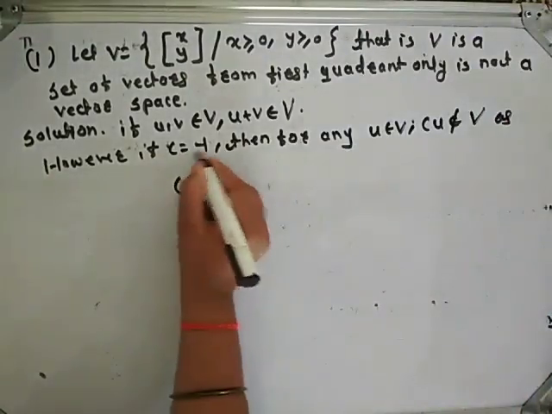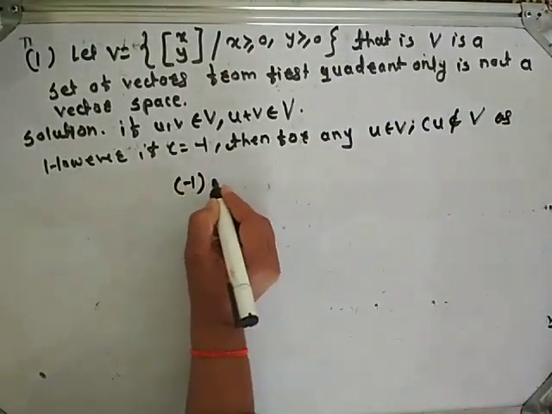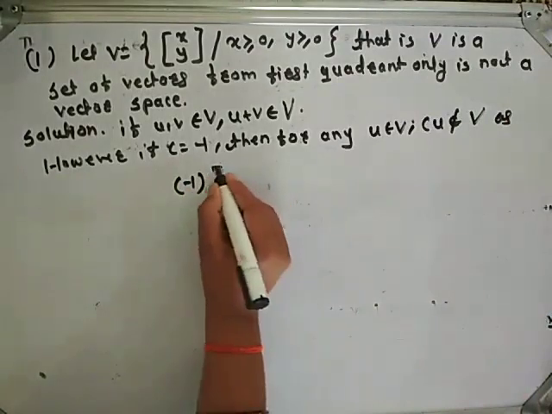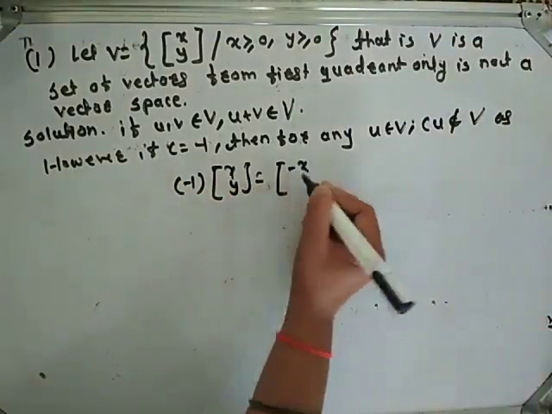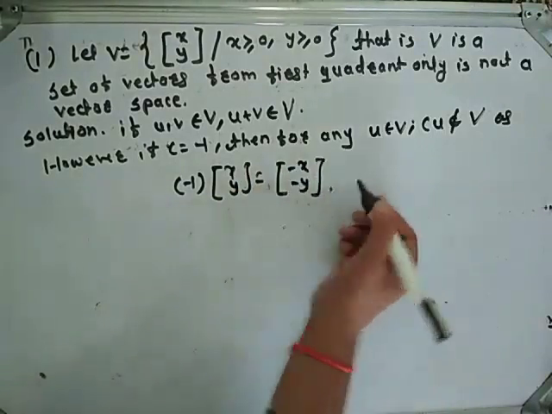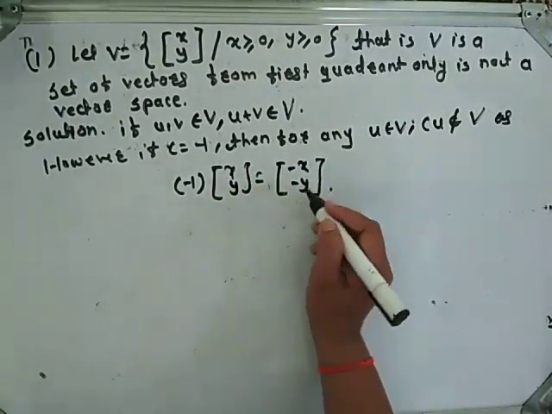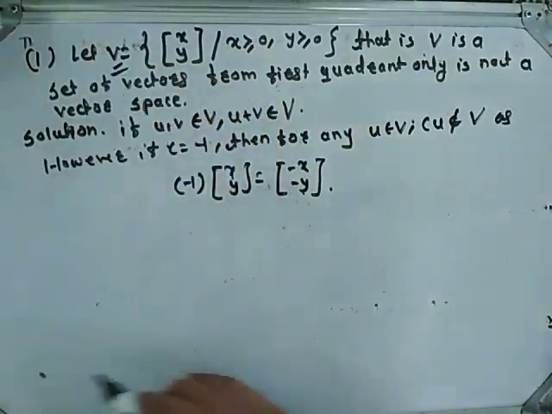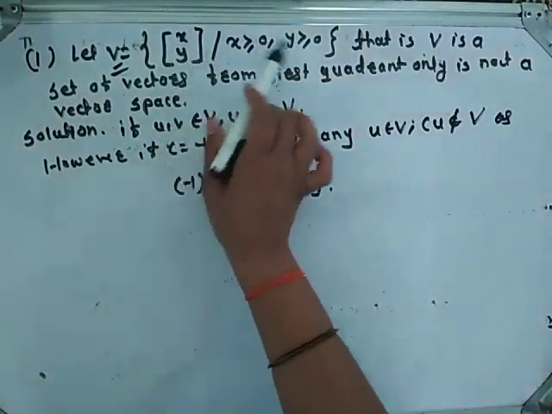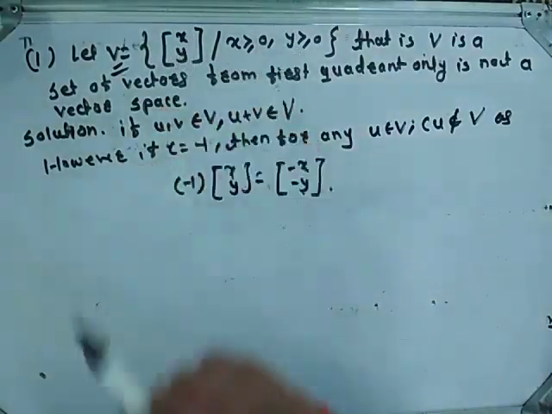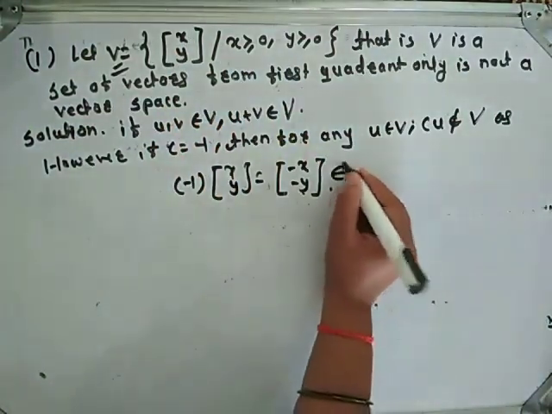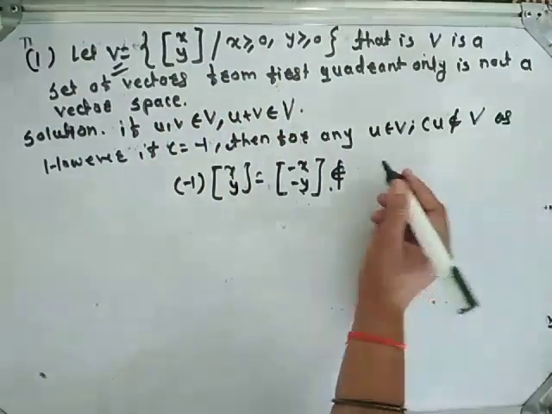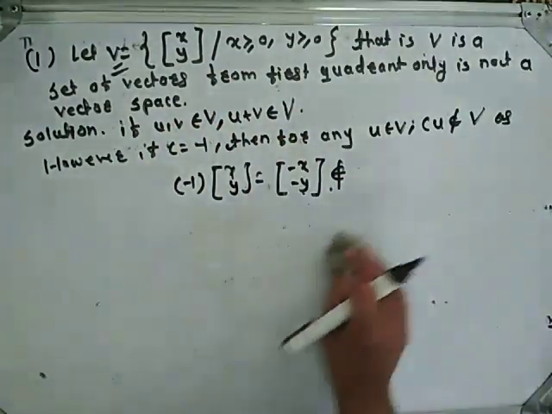If you take c equal to -1 into (x, y), it is nothing but the vector (-x, -y). But this vector (-x, -y) does not belong to V, because x and y are greater than or equal to 0. Therefore, this does not belong to V.